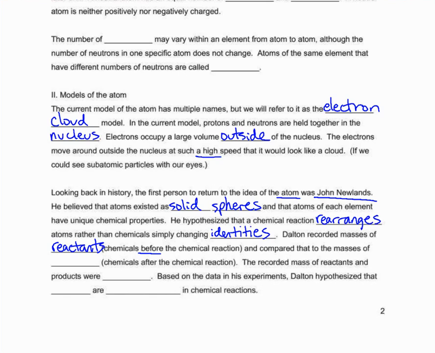And then after the chemical reaction, he's comparing that to the mass of the products, the chemicals that are after the chemical reaction. Terminology here is actually pretty simple. Reactants will react and products are produced. The recorded mass of reactants and products were equal.